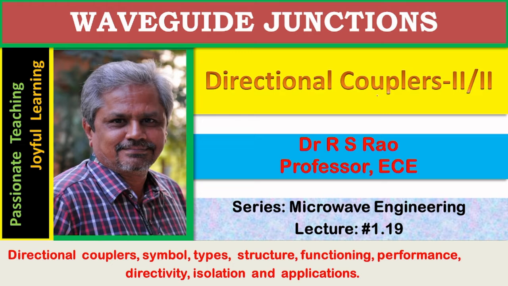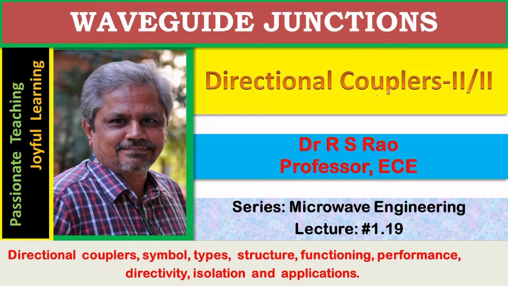Directional couplers are microwave junctions widely used in industry as well as research fields, more widely than any other microwave junction. They are used for power measurement. They are used as power monitors. They are used to find the magnitude of reflection coefficient over the line, that is, as reflectometers.